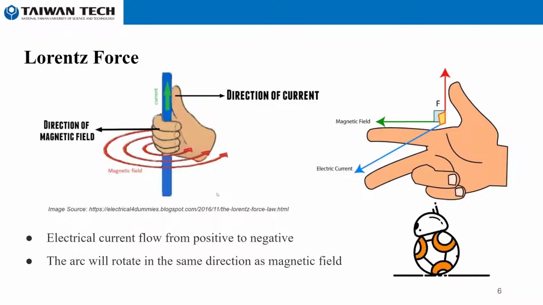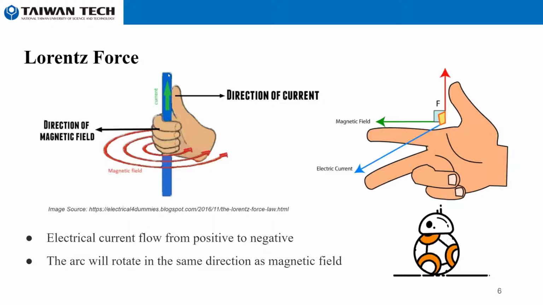So, since electrical current flows from positive to negative, if you have a positive electrode on this side and your negative here, the current will flow up and the direction of the magnetic field will be counterclockwise, like this. So in our experiment, you can do it either way.